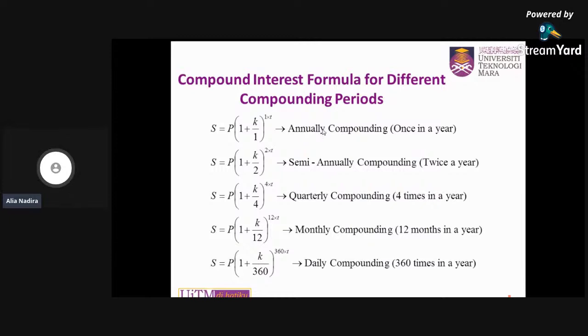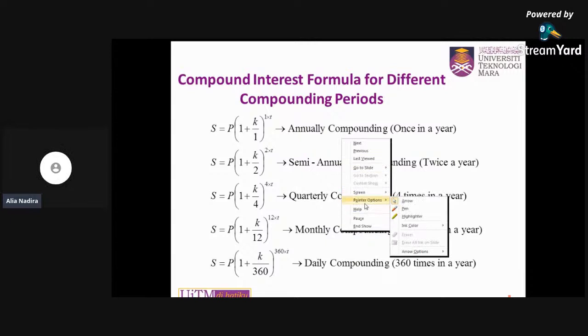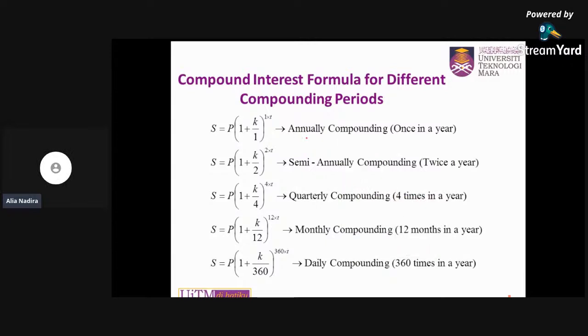So kalau dalam soalan tu dia cakap compounding, annually compounded or compounded annually means your M here is 1. So this is your M. M is 1. Okay, 1 times T kat sini. So annually compounding means once a year.